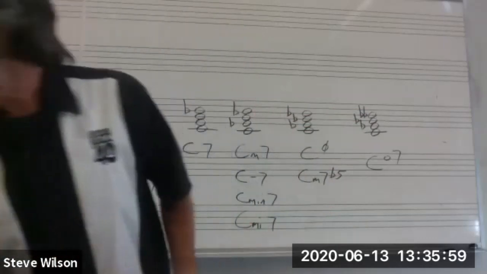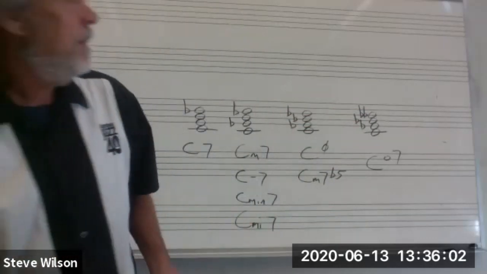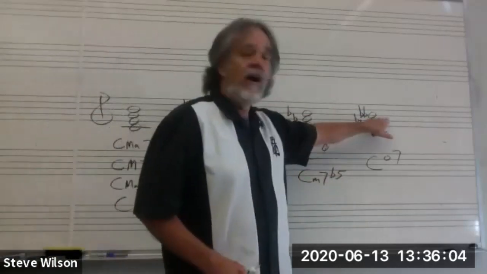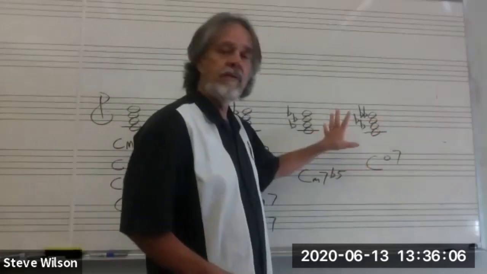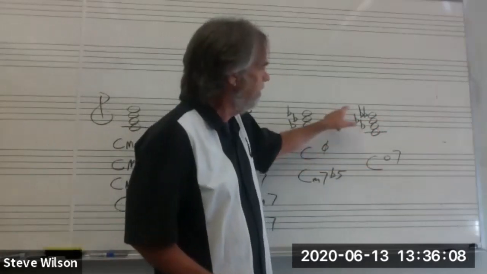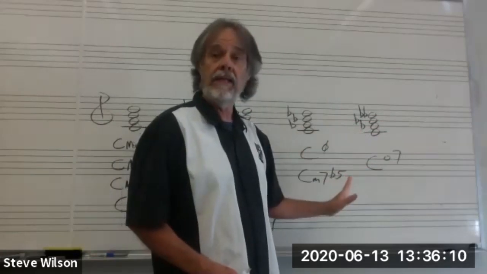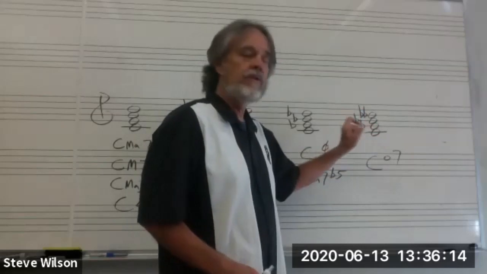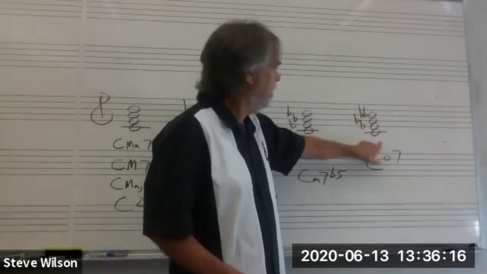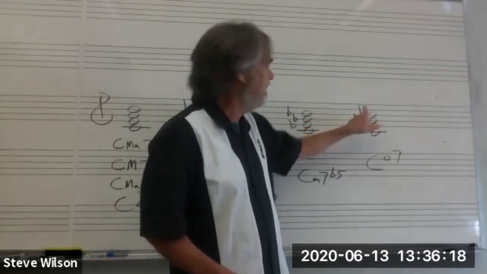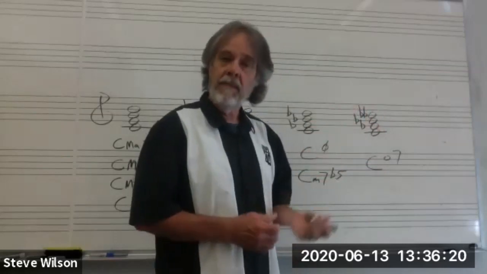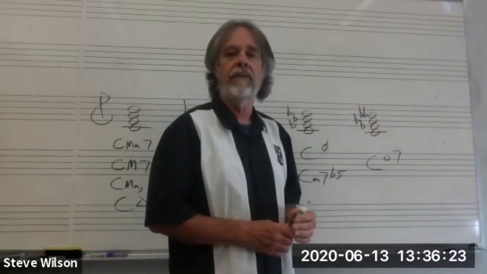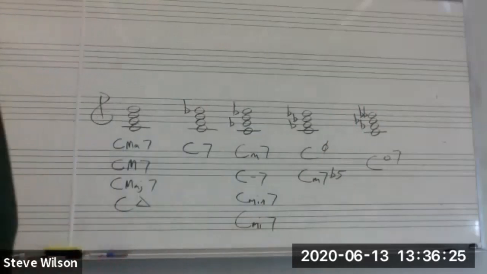B double flat sounds on a piano like an A. And very often people write that as an A, but as I was talking about in the first lesson, theoretically, if you're in a theory class and you're asked to write a diminished 7th chord, make sure that you indicate it as some kind of 7th. It has to be some kind of B over the C, so in this case, it's a doubly flatted 7th. Okay, so let me play each one of these for you.